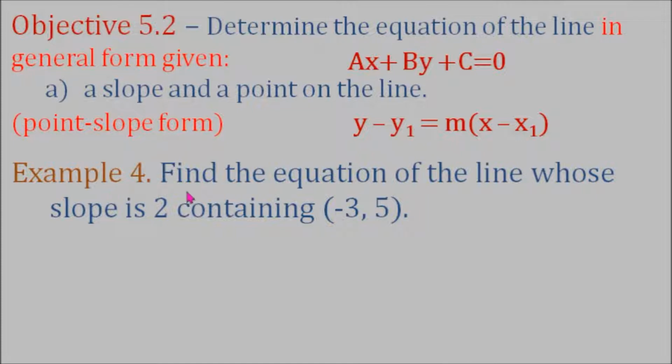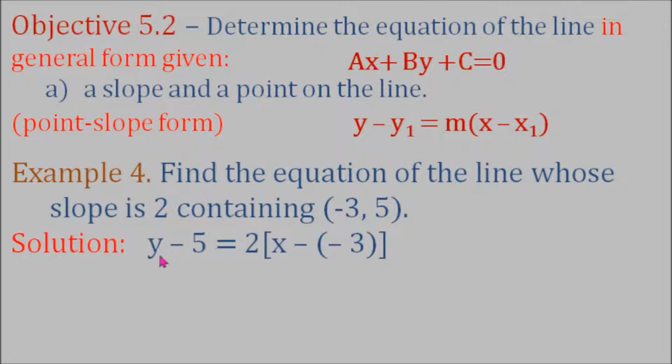Example number 4, find the equation of the line whose slope is 2, containing negative 3 and 5. So using this formula, our m, or slope, is 2, our x sub 1 is negative 3, and our y sub 1 is 5.